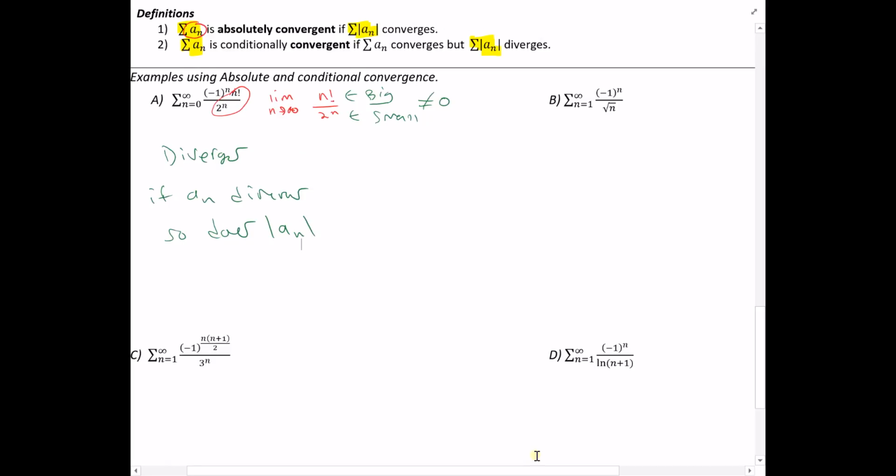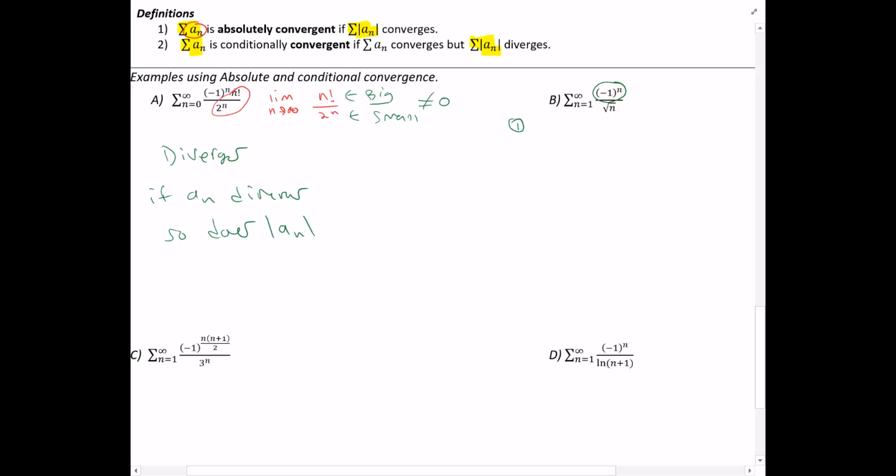Next one is this. This is an alternating series. If you notice, if it ever has that piece that's making it positive, negative, it's an alternating series. So we can just check using the alternating series test, which is first check the limit as n goes to infinity. If we do that, it's going to be 0, right? 1 over square root of n goes to 0.